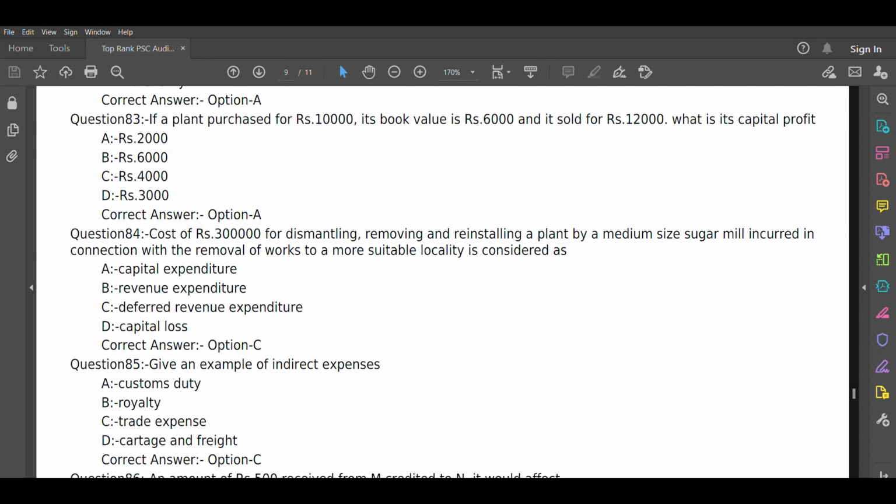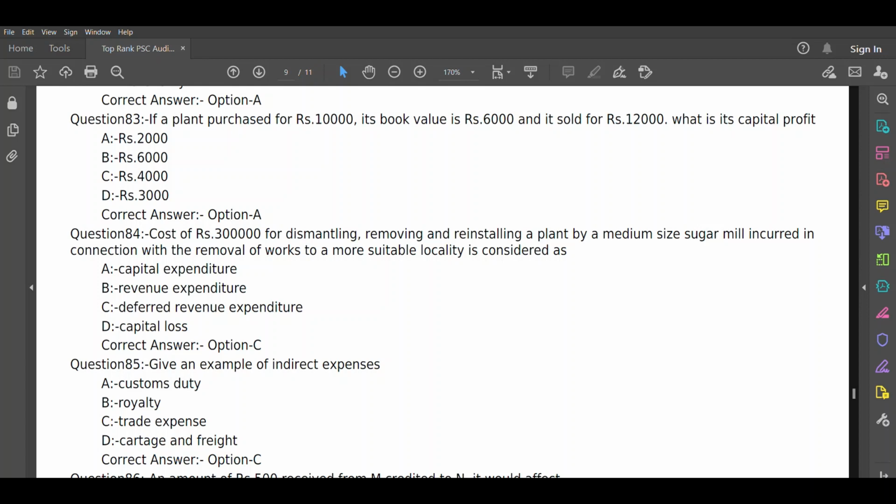Rupees 2,000. Cost of rupees 3 lakh for dismantling, removing and reinstalling a plant by a medium-sized sugar mill incurred in connection with the removal of works to a more suitable locality is considered as deferred revenue expenditure.